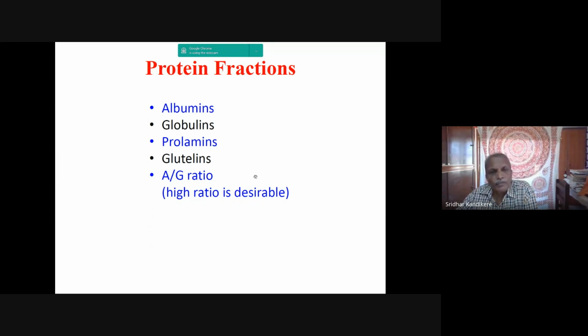If you follow a particular method of cooking, what happens to the albumin globulin ratio? Will it be high or will it be low? A high AG ratio is desirable. That means the globulin level will be less, and most of the poisonous constituents are associated with the globulin fraction. Therefore, when the globulin level is low, a high ratio is desirable, and nutritionally it is versatile.